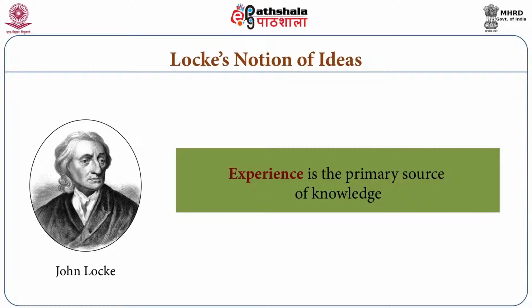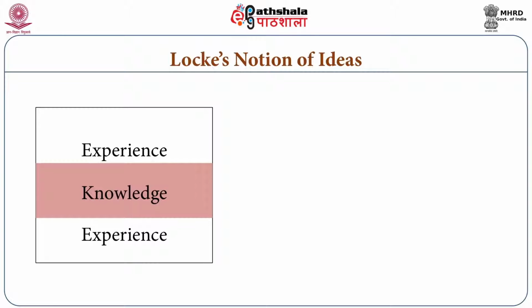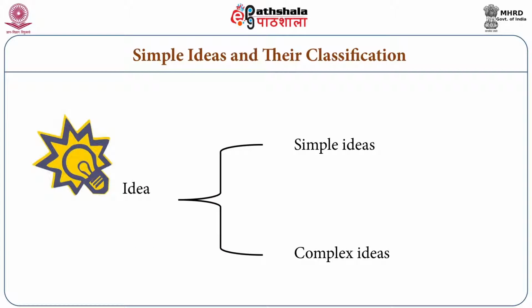Having rejected the innate ideas thesis, Locke proposes his epistemology. He talks about how the primary source of knowledge is experience. That we have knowledge actually comes from experience. Now, he explains in this context two important concepts: simple ideas and complex ideas.